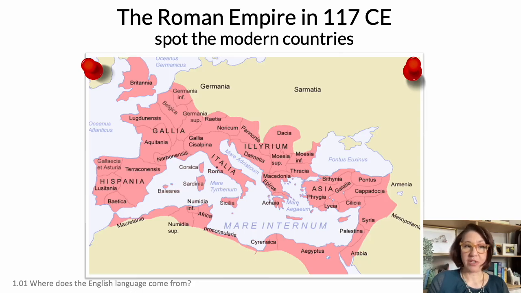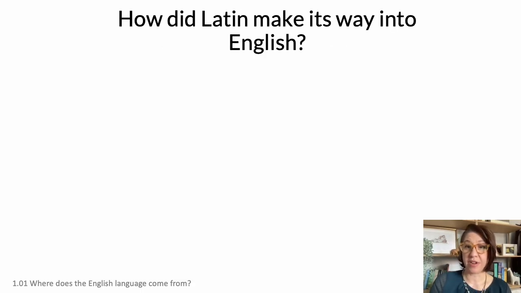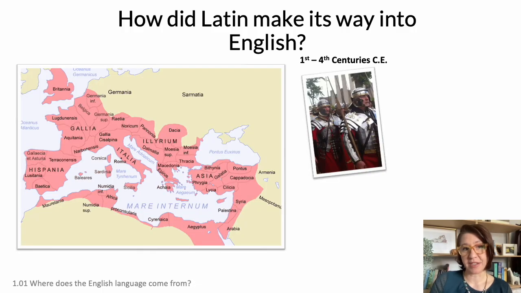Maybe you have spotted Hispania, Spain, Italia, Italy, Africa, Syria, Germania, and there are many, many more. So if you'd been in Britain in the 1st to 4th centuries CE, you may well have heard Latin being spoken. As we can see, Britain was very much in the Roman Empire.